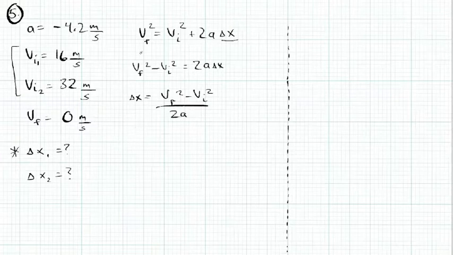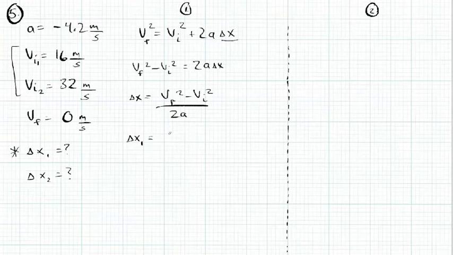So let's make this side 1 right here, or speed 1. This is going to be speed or velocity 2. And we're going to be solving for delta x. So our change in displacement 1 is going to be vf. Well, I should actually put the value in for it. What's vf?